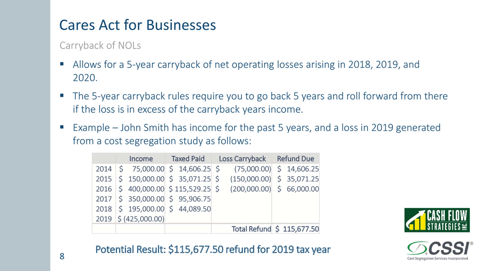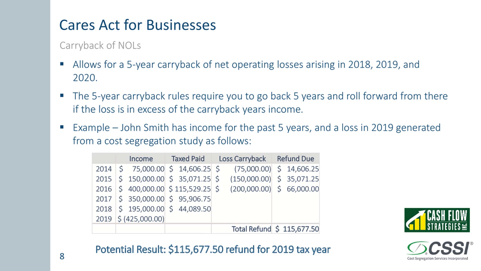John Smith has income for the past 5 years, and we did a cost segregation study for him in, say, 2019. It generated a $425,000 loss to his business because of all the additional depreciation expense that he was able to take off of his taxes all the first year.